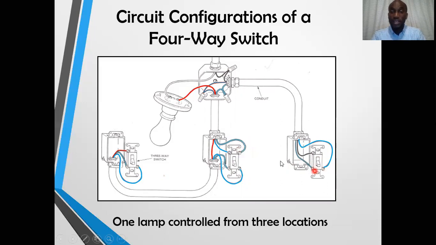So we will send it to the top of the four-way switch, the first two connections. Then we will take two travelers from the bottom of the four-way switch and send it to the next three-way switch. From that section, we will now feed the switch feed back to the lamp.